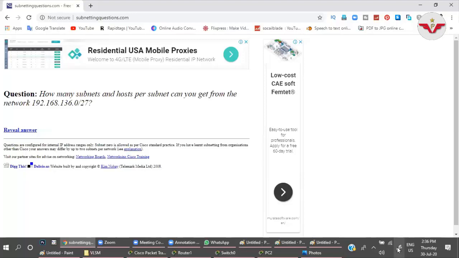Those who are saying 8 subnet and 30 host, they are right. How? Boris and Messi, look here. Class C, we have 27 bit, right? So 8, 8, 8 and 3. As it's a class C, we are not bothered about this.